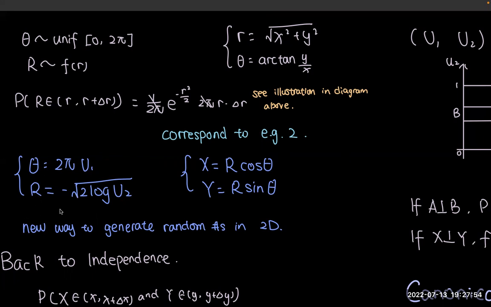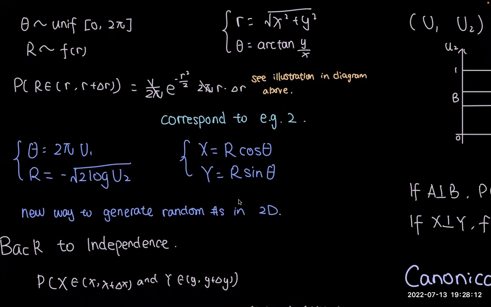So therefore, we can generate theta and r using this very simple method by first generating U1 and U2 independently and performing the transformation with this negative sign inside. After we get theta and r, we can then let X be r cosine theta and Y be r sine theta. This way, we actually generate two random variables that follow normal 0, 1 independently.